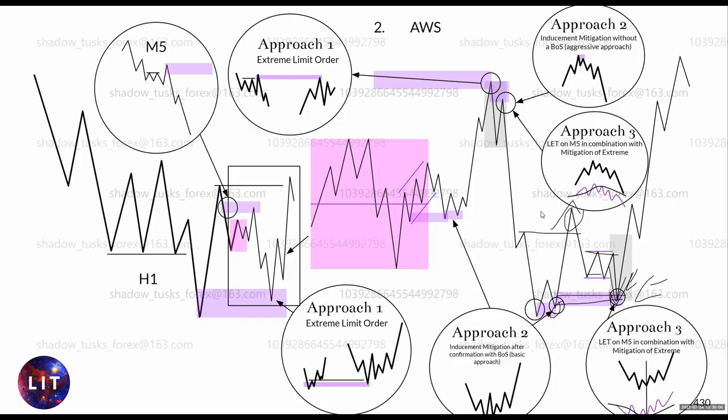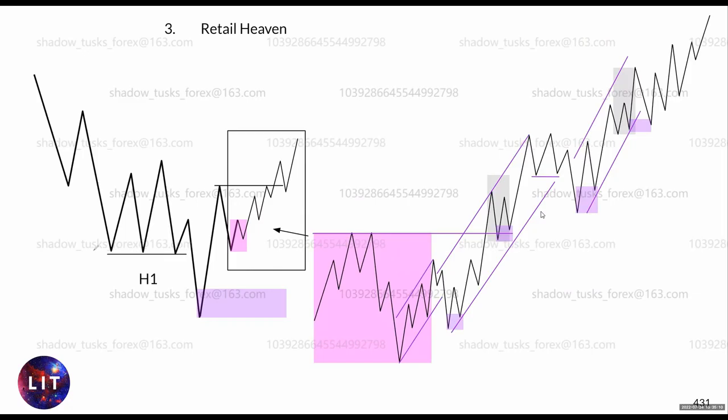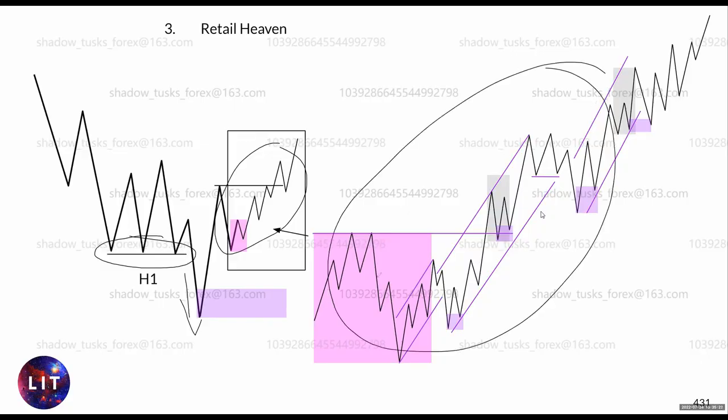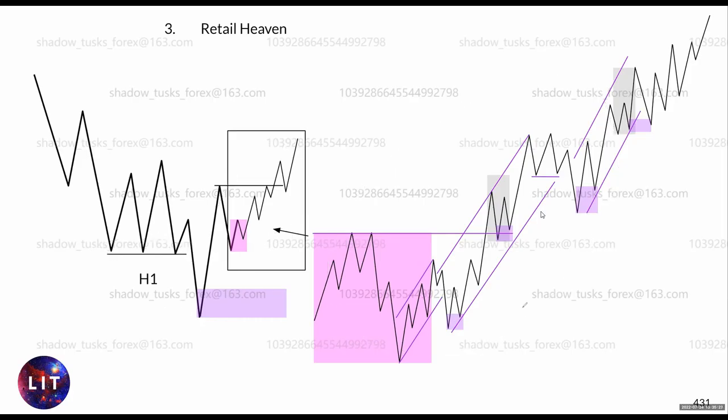Okay. Then we have our retail heaven scenarios, right? So if we had again triple bottoms taken out by the medium or major inducement, H1 looks like this, M5 looks like this inside, then again, entry opportunity is getting a little bit more difficult.